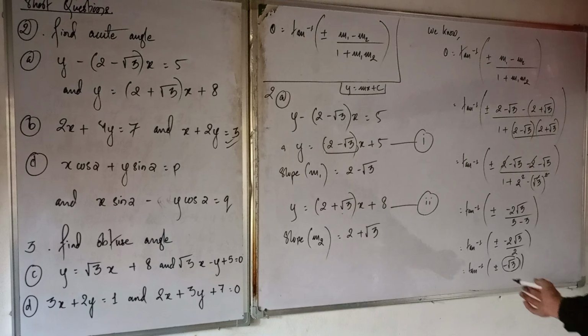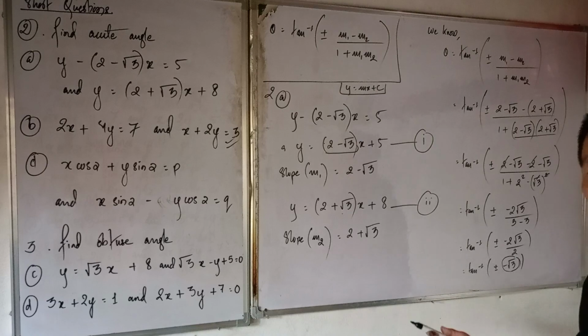Depending upon these circumstances you just have to take positive or negative. If in this case you take the positive, this negative sign will not change, it will be negative as it is always. So in this case you have to take the negative sign, because negative negative becomes positive. So this positive value will give you the acute angle.